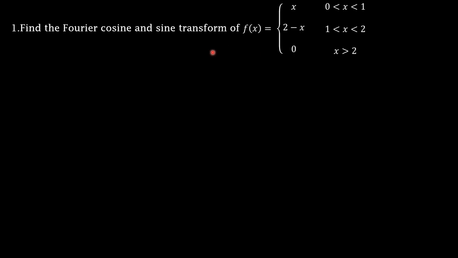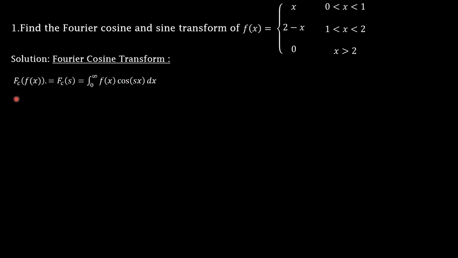Let me first concentrate on the Fourier cosine transform. From the definition of the Fourier cosine transform, F_c of f of x is given by integration of f of x into cos sx dx, where the limits of x are varying from 0 to infinity. Let us analyze the function f of x over here, students.